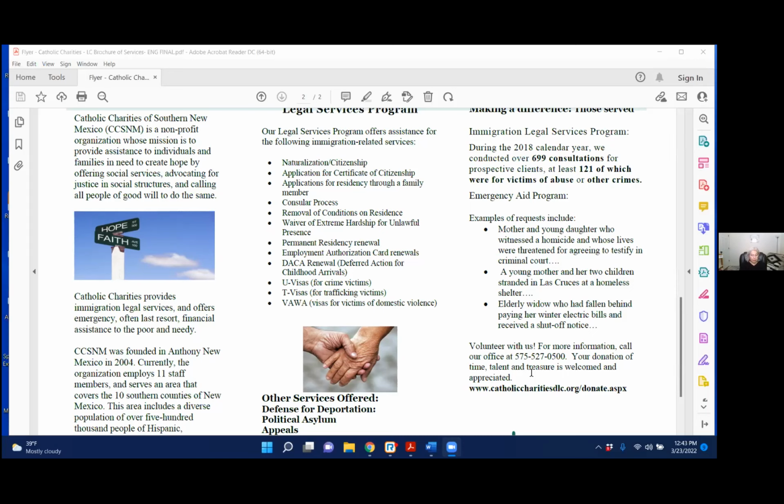We receive funding from the Mexican consulate, so we are able to provide free legal services for the majority of victims of crime and domestic violence, and also for the SIJS, which are the special immigrant juveniles who are Mexican nationals. For all other services, we charge a flat fee, which is more reasonable than most attorneys.